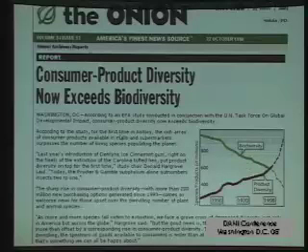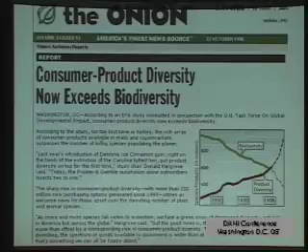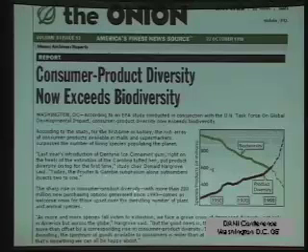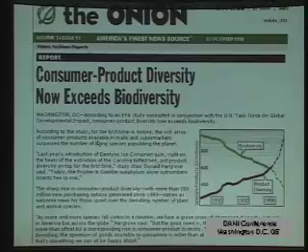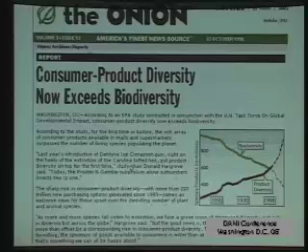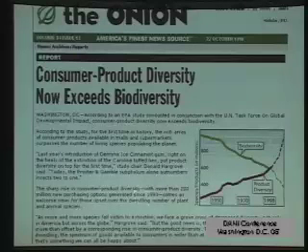And he points out that according to an EPA study, consumer product diversity, which is the red line, now exceeds biodiversity. Last year's introduction of Dentyne Ice cinnamon gum, right on the heels of the extinction of the Carolina tufted hen, put product diversity on top for the first time.